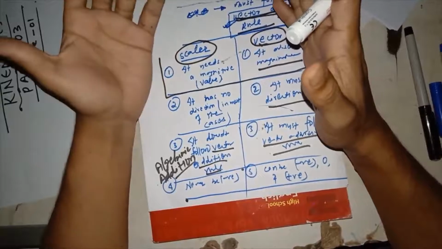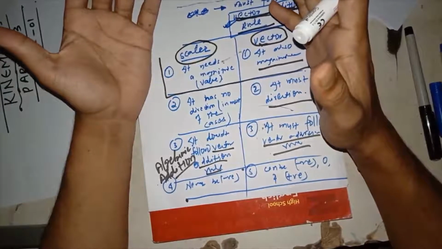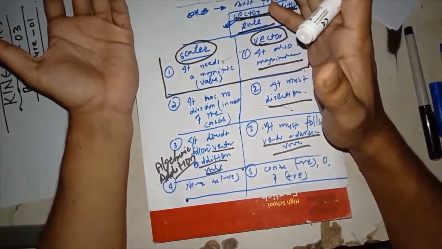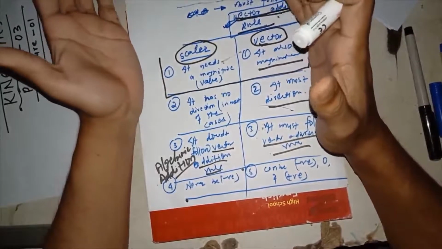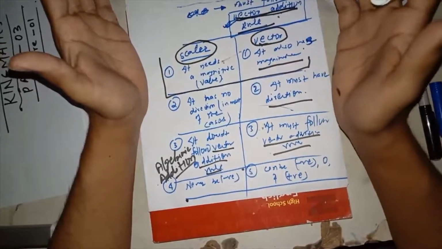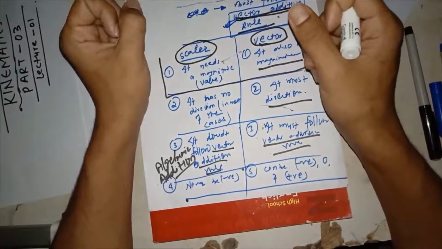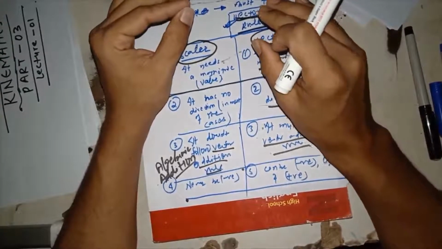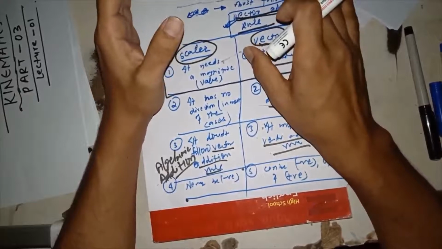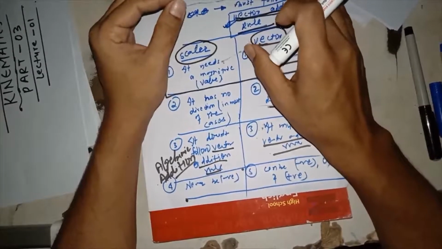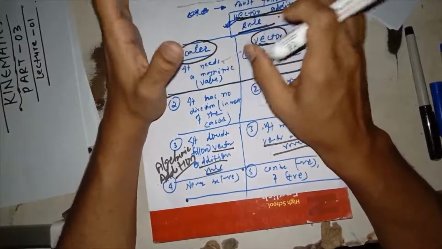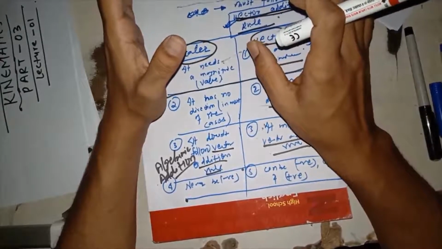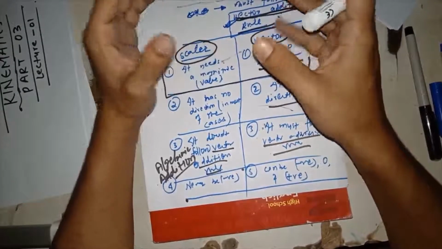If you take it to the left of 0, you assign a minus value. If you take it to the right of 0, you assign a positive. Have you got my point? It means here you deal with direction. But in the previous classes, you didn't care about it because it is a higher concept.